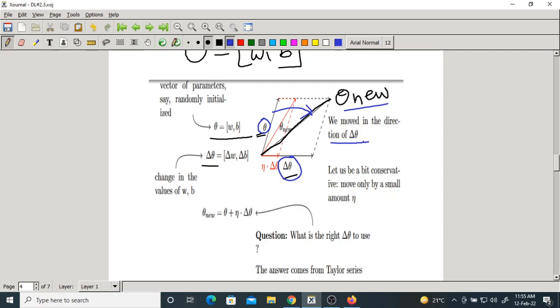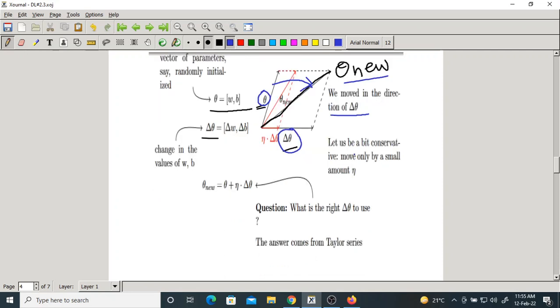Anyway, I don't want to get into the details of this because you might have studied all these things, basically the gradient descent algorithm. Now I have taken a small step in the direction of delta theta. Small step means I have taken a small scalar called eta. Instead of taking the entire delta theta, I am taking a small step in that direction.